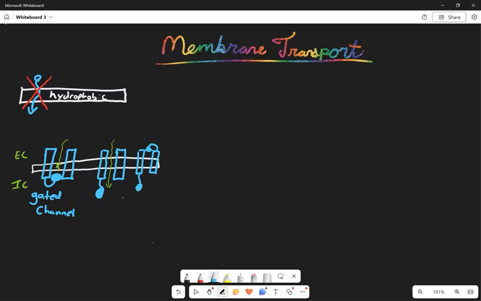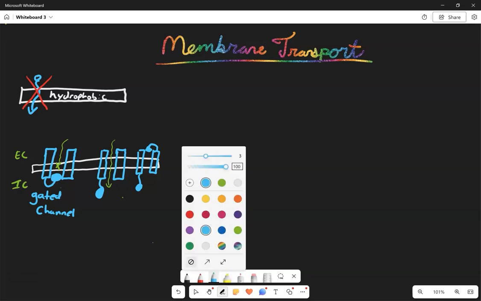This is a double gated channel. I've drawn one gate on the extracellular side and one on the intracellular side. In order for things to move through this channel, both gates need to be open simultaneously. Here, this gate is closed.